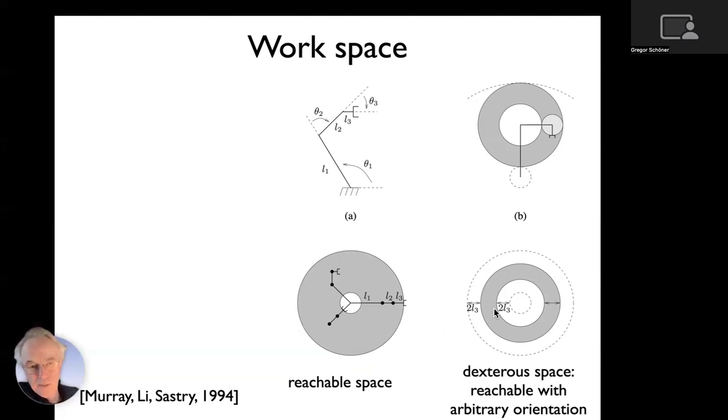If you ask for what is called dexterous space, so you want to still have not just the hand in the location, but also be able to orient it in just about any way, then you get the dexterous space, which is smaller. You can see you extend the wrist, and then you rotate around the wrist to get any end orientation.